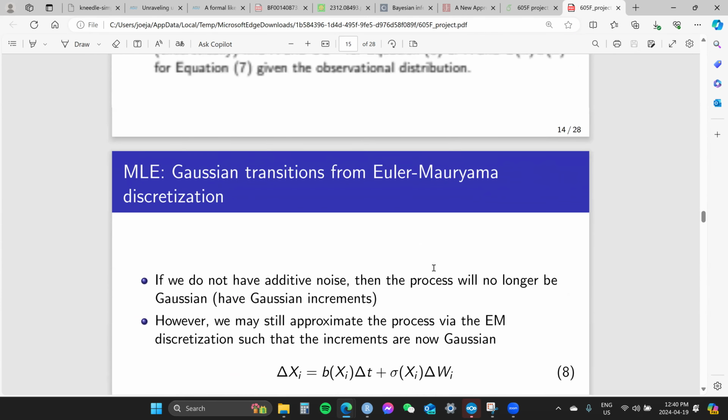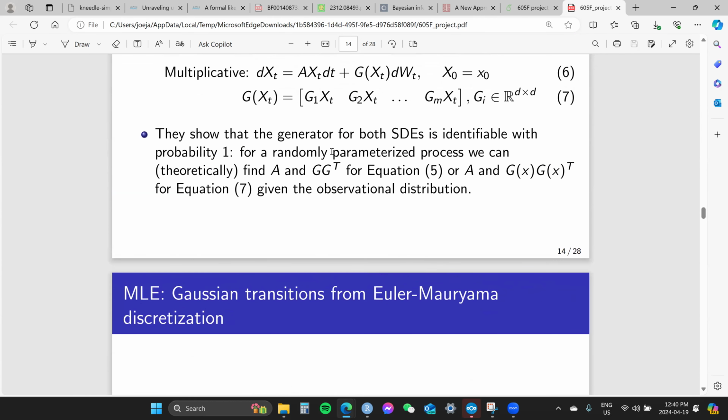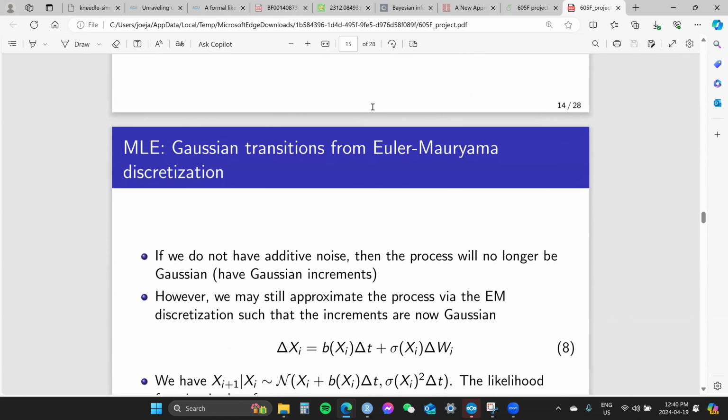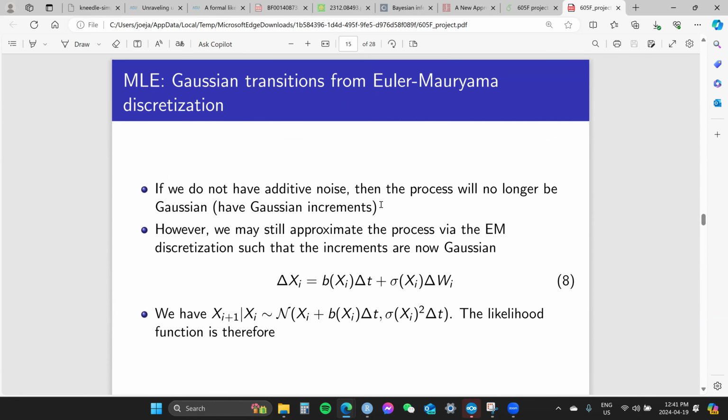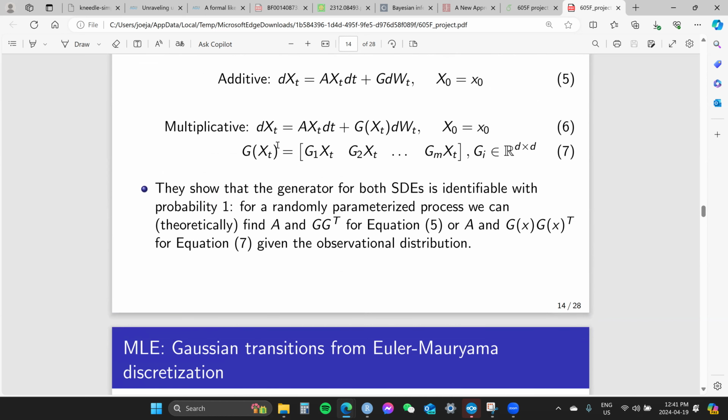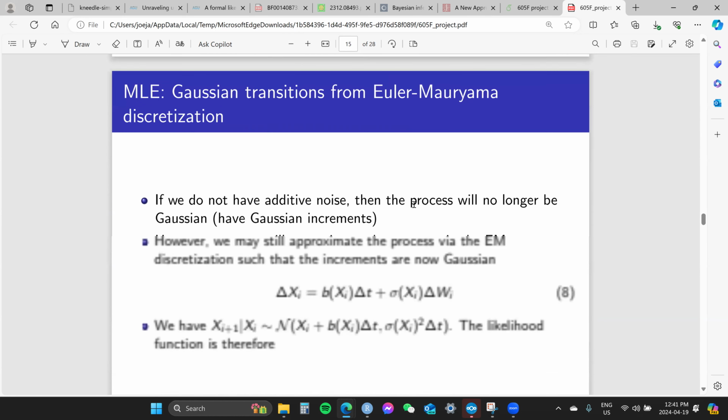Okay, so one important point is that we're kind of always trying to make things Gaussian just to make things nicer. So in the multiplicative noise case, I think Pardis pointed out in her first presentation that heteroscedastic processes, even though they may look Gaussian, are not necessarily Gaussian. So we're still going to approximate the increments of the xt process in the multiplicative noise case with a Gaussian.